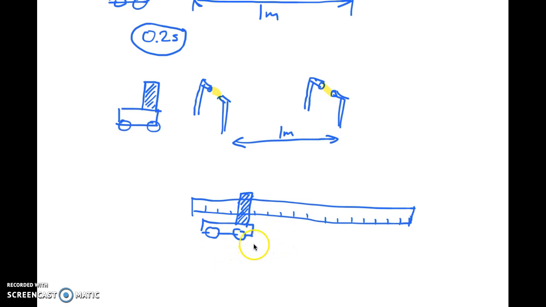So every hundredth of a second, we will have a picture of the car against the background. We'll be able to see the distance the vehicle travels every hundredth of a second as it travels down the meter rule, and so we will be able to tell distance travelled divided by a hundredth of a second. We'll be able to tell the speed at different points in the journey.